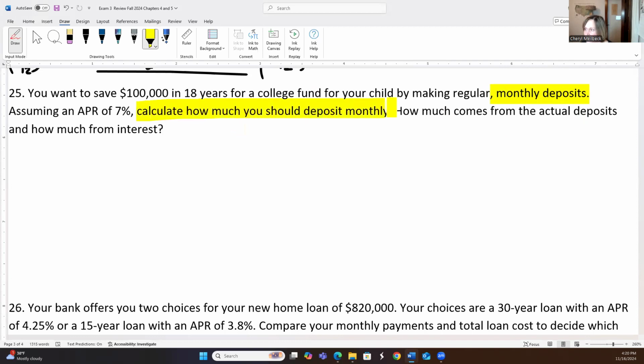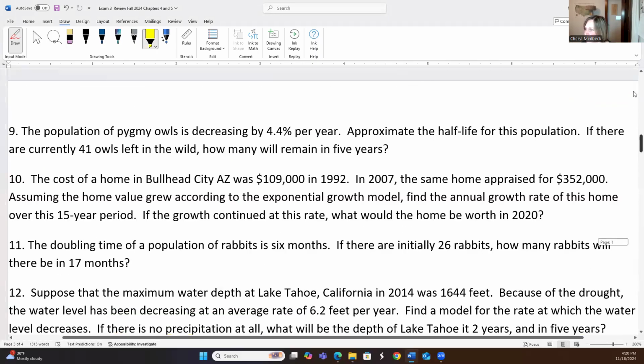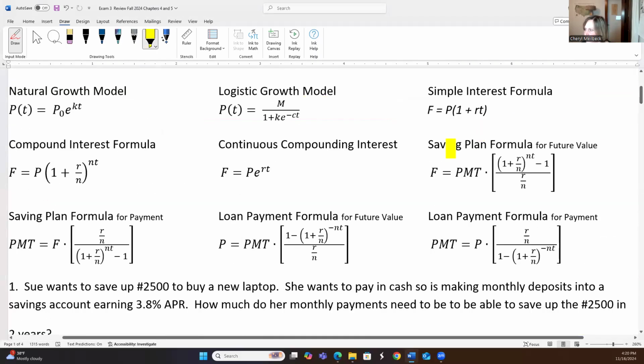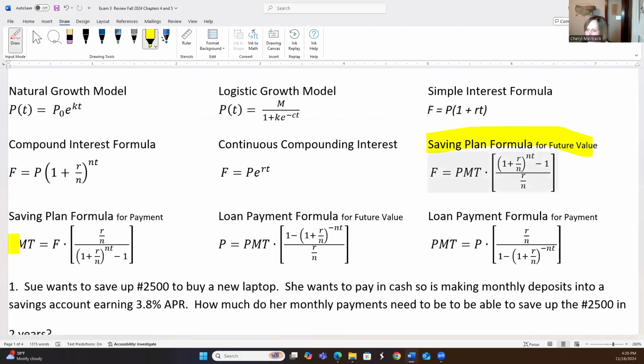It also asks how much you should be depositing monthly. So when we go back up to our formulas, we're going to be using a savings plan formula, but in this one, we want to find the payment because it asked how much we'd be depositing monthly. So we're going to be using this formula. Let's go write that down and substitute the values in.